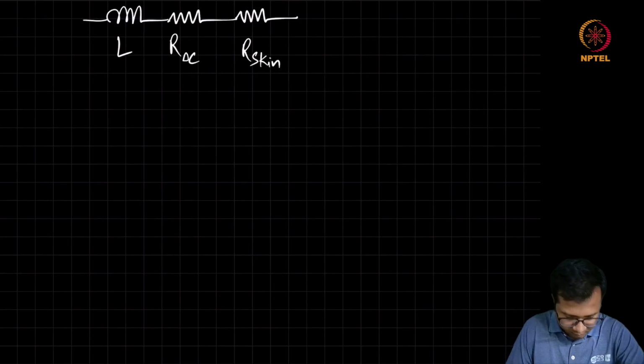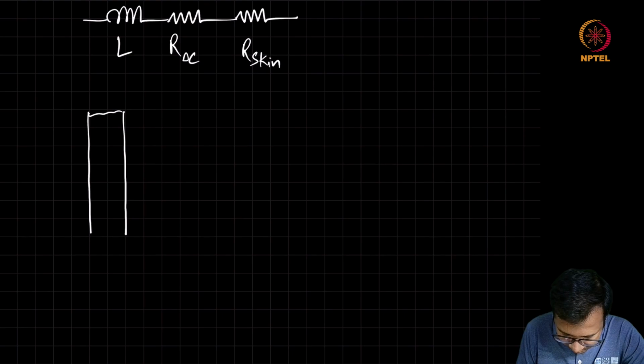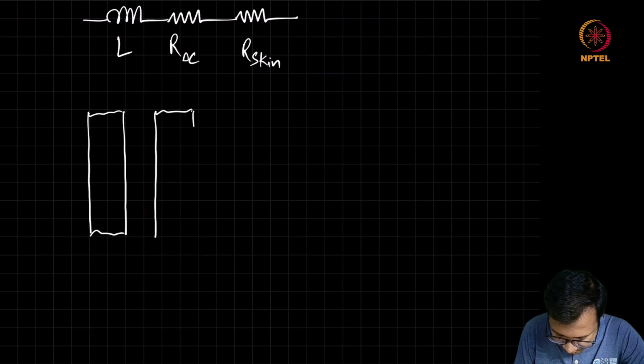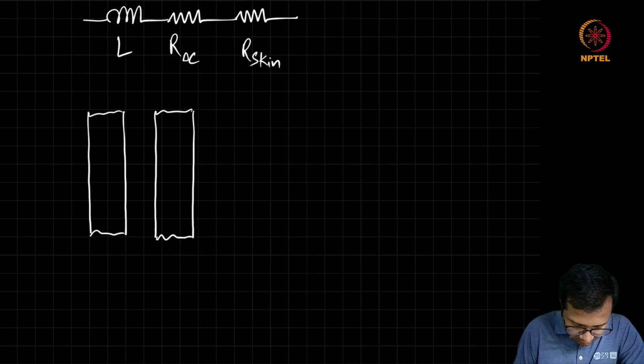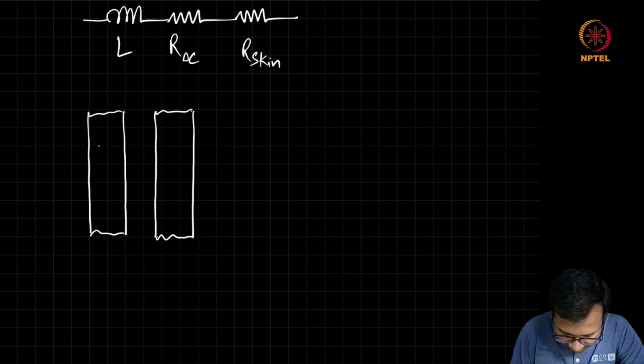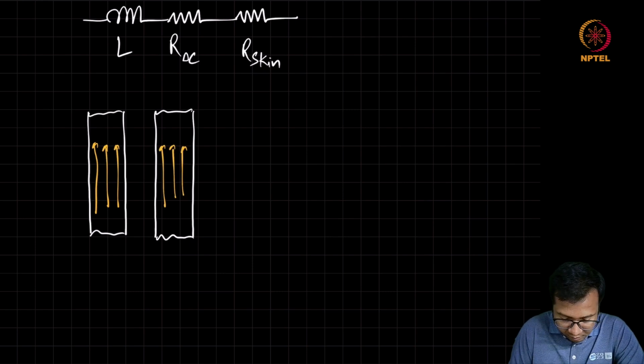There is another issue that takes place when we have multiple metals placed in close proximity, and this happens when we are using these multi-turn inductors. Generally, when the current is flowing, it is uniformly distributed along the entire surface.